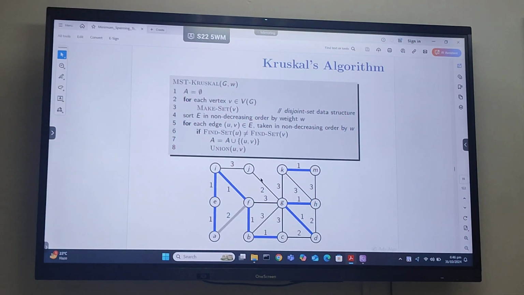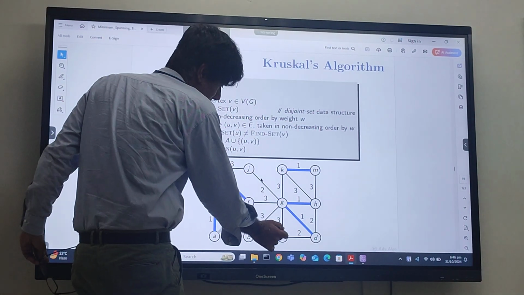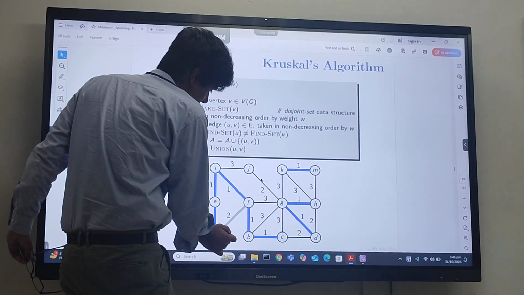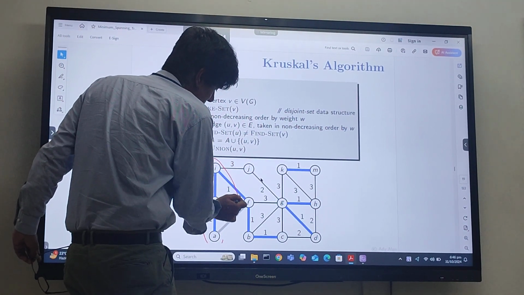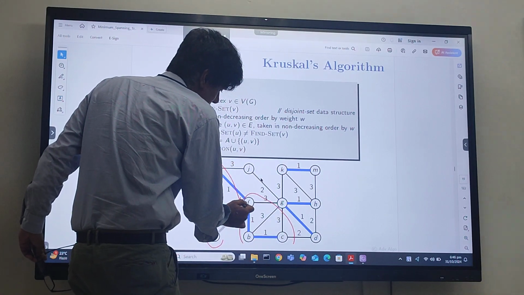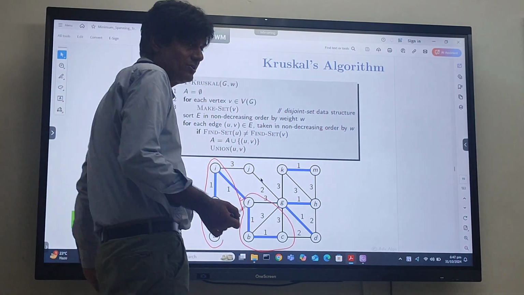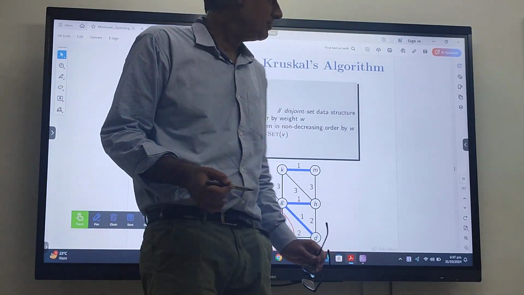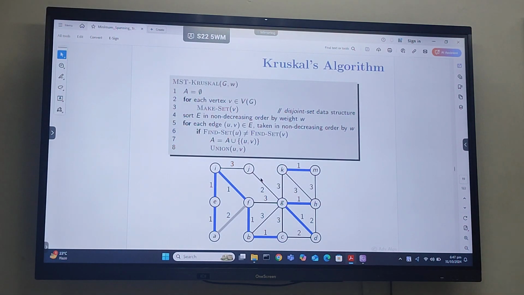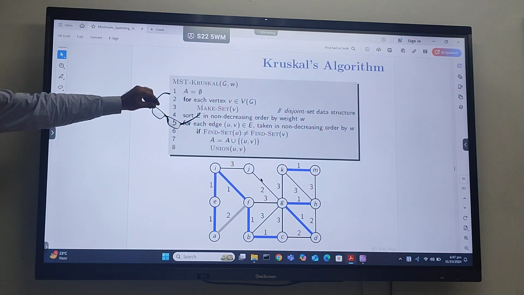Will this be included or not? No. It will create a cycle, because it is connecting vertices that are all forming one set. So it's within the same set. Since it's in the same set, we will not include it and we will skip it, because the if condition is false.